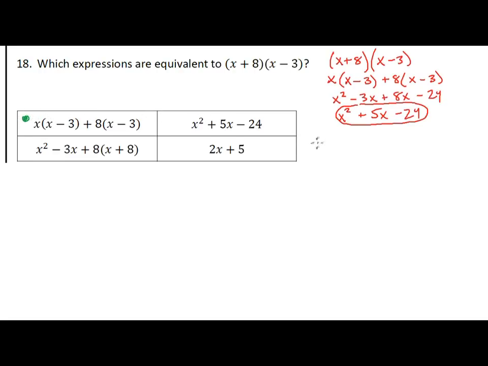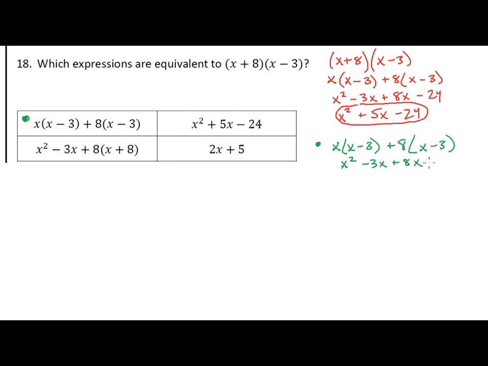Let's do green first. So this one is x times x minus 3 plus 8 times x minus 3. Okay, looks like I can multiply monomial times binomial. X times x is x squared. X times negative 3 is negative 3x. 8 times x is 8x.